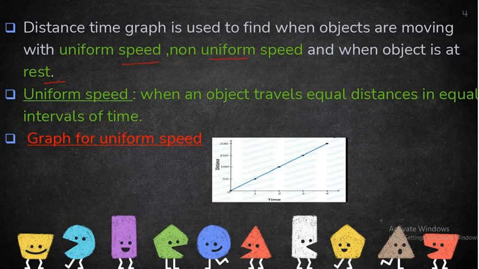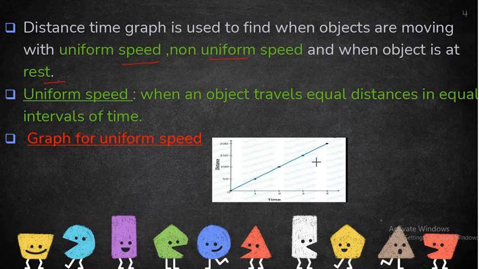Okay, then what is uniform speed? How can you define uniform speed? See, when an object travels equal distances in equal intervals of time, then we say that object is in uniform speed. Then how can we plot the graph for uniform speed?